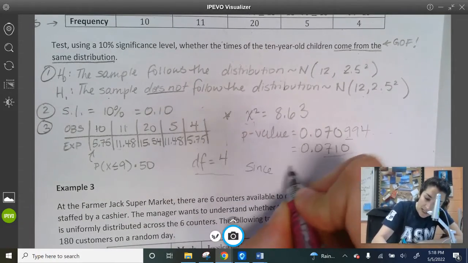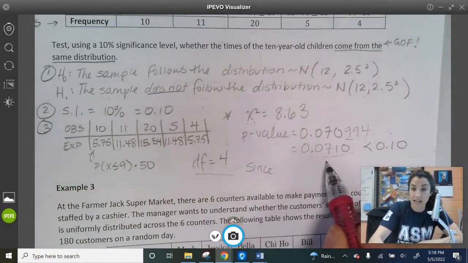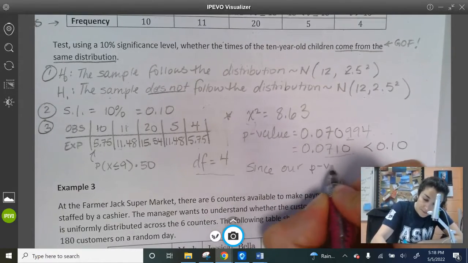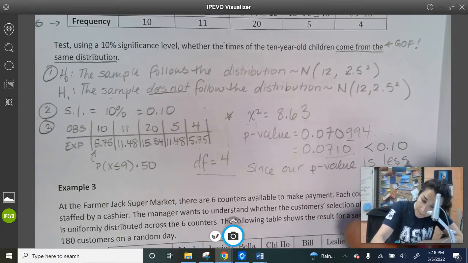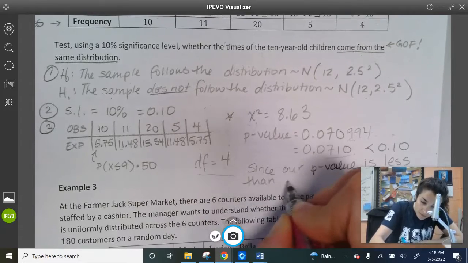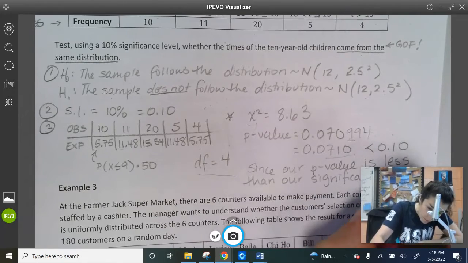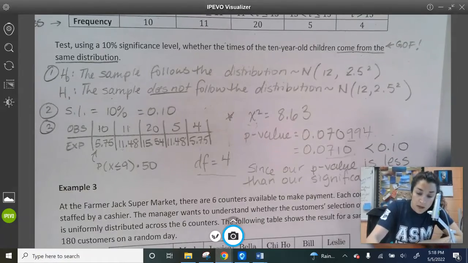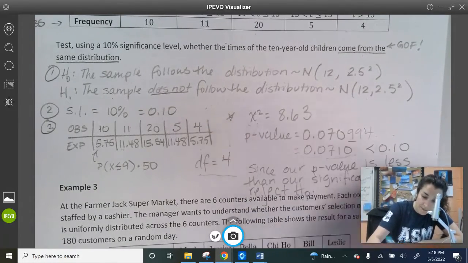And since our p-value is, notice, less than 10%, we reject the null hypothesis.